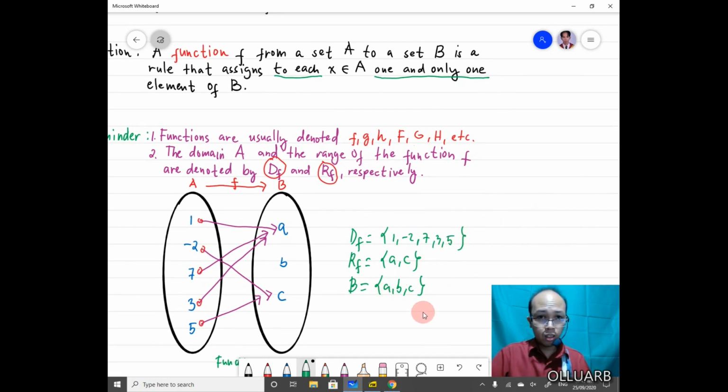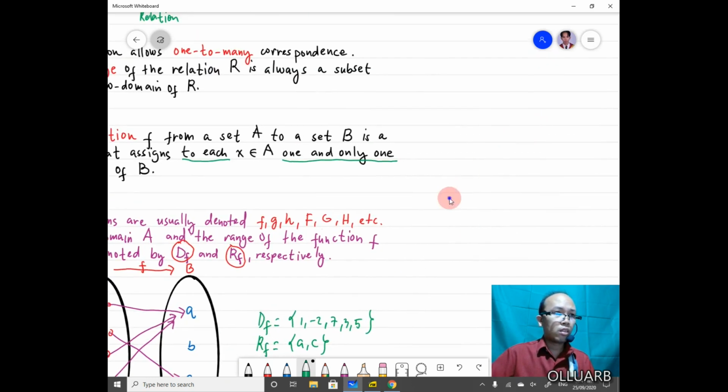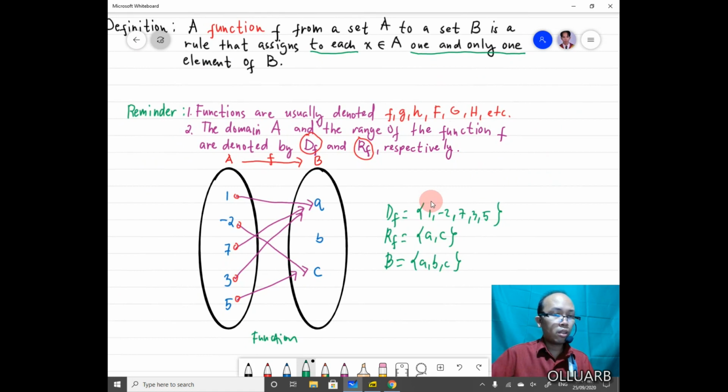In the succeeding discussion, there will be a loss of information if you use the other methods, like the ordered pairs and the table of values, or the tabular description of the function or relation. I will remind you of that later. That's the meaning of the relation and the function.